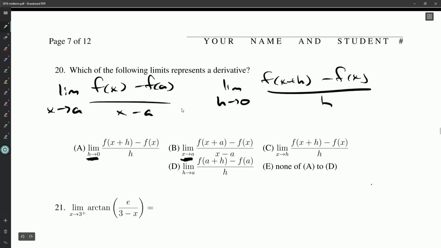Now we've got an x tending to a here, but it's an f of x plus a minus f of x and then an x minus a, so not quite. We've got an h tending to a, little weird, but okay. No, we don't have the variable minus what you're tending to down here, so d's out. If we look at a, it actually matches up exactly with what we've got. So a is the answer.